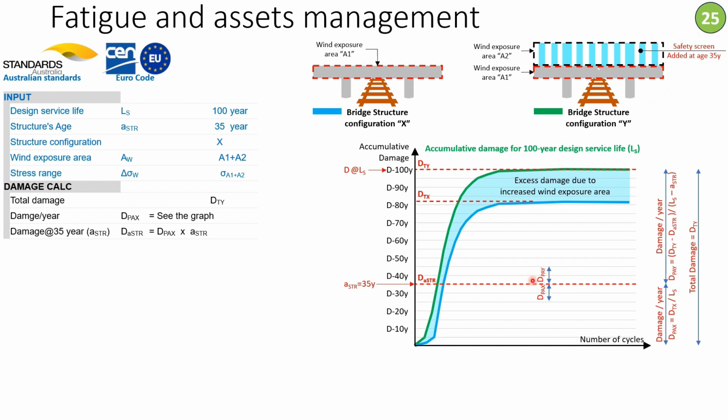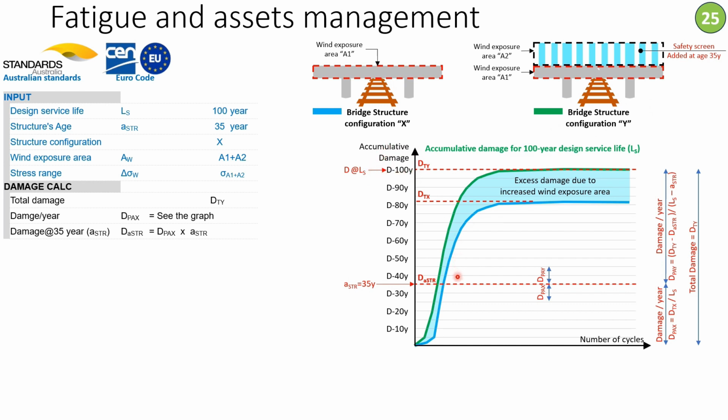So going back to the incremental damage per year after adding the safety screen, as we calculated the remaining theoretical life of 65 years, we have to calculate the remaining accumulative damage. The damage starts to accumulate based on configuration Y between the age of 35 and the intended design service life, which is 100 years.